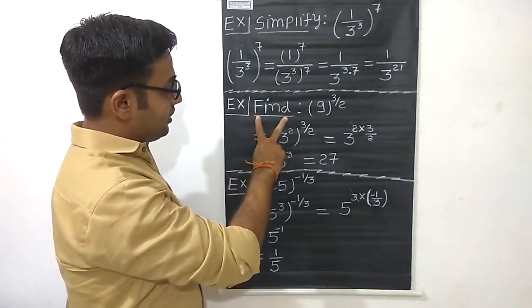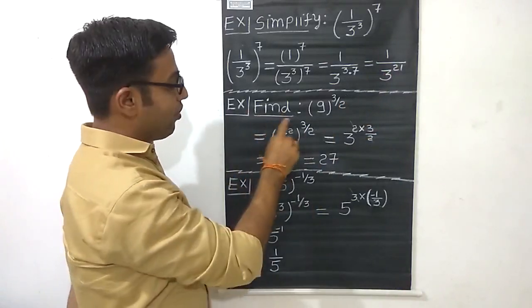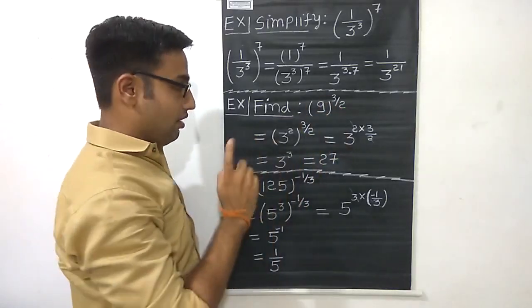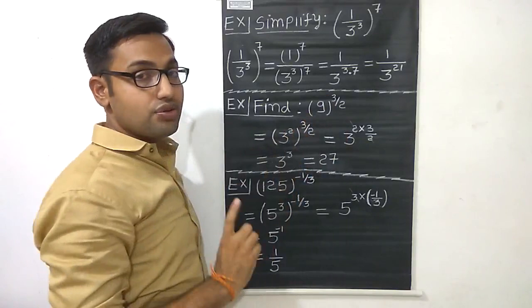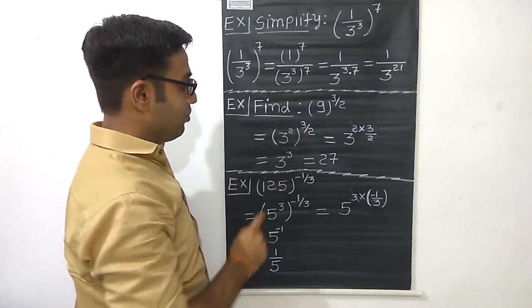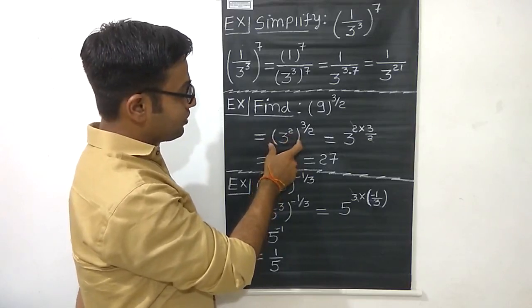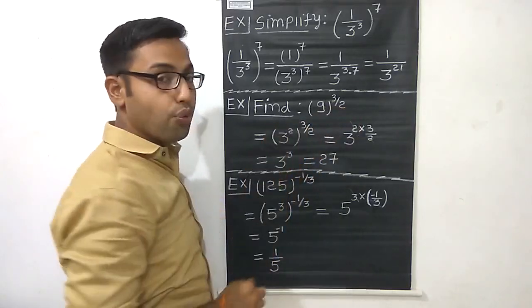One more example: find the value of 9 raised to power 3 by 2. We know that 9 is the square of 3. So we can write it as 3 raised to power 2, whole raised to power 3 by 2.